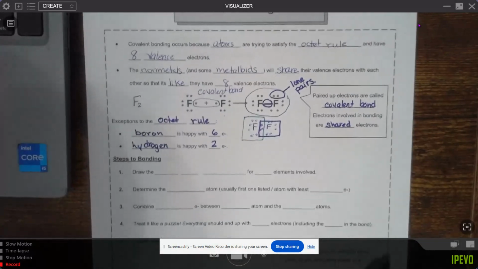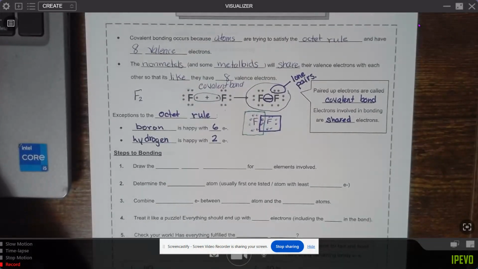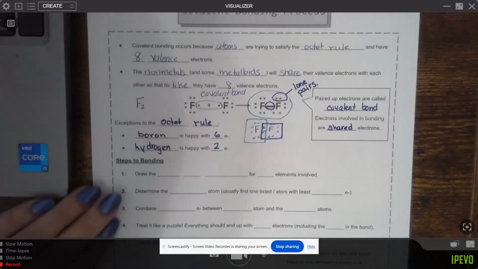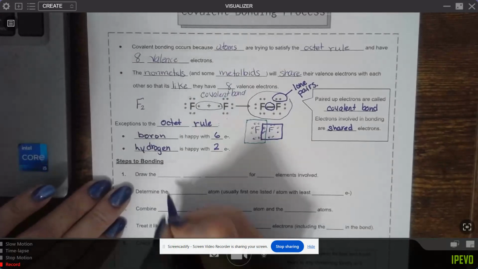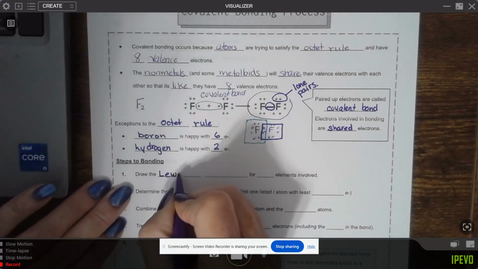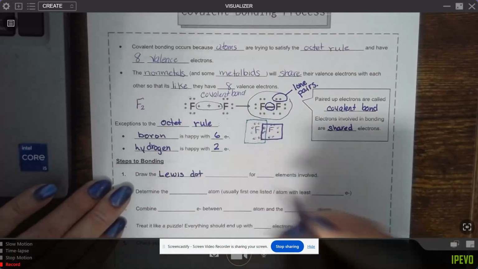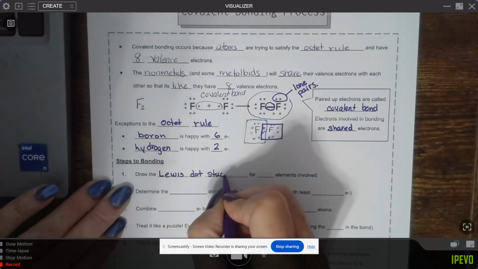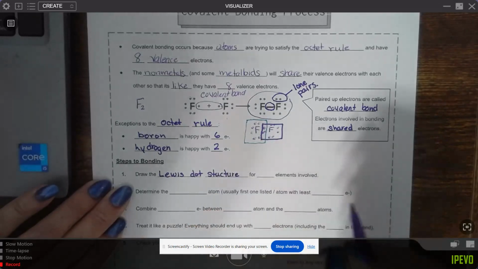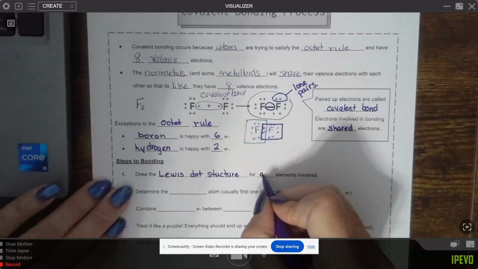All right, so here's what we do when we do this whole process of drawing our compounds. The first thing we're going to do is draw the Lewis dot structure for all of the elements involved.